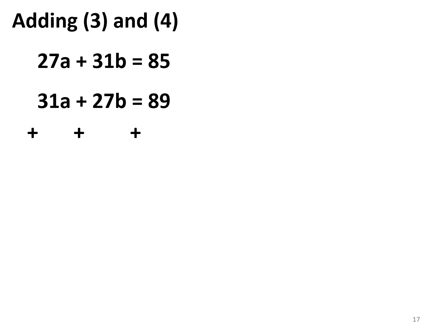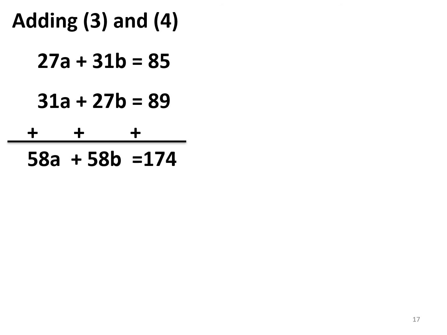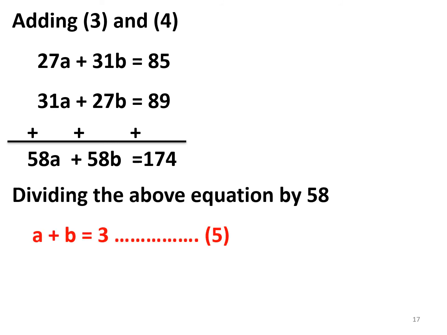On adding, 27a plus 31a is equal to 58a, 31b plus 27b is equal to 58b, 85 plus 89 is equal to 174. Dividing the above equation by 58, I get a plus b is equal to 3. This is my equation 5.